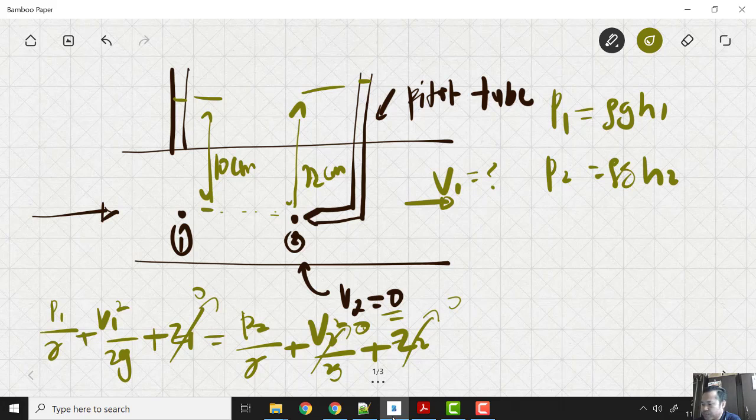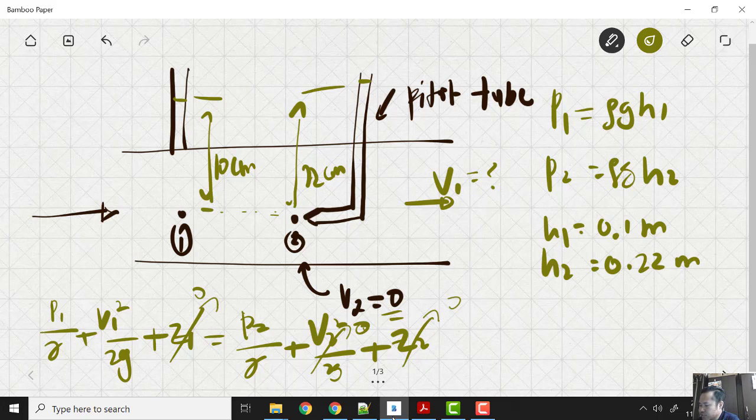We already have the H. H1 is equal to 0.1 meter, while H2 is equal to 0.22 meter. Using these numbers, just substitute the values into the equations for P1 and P2, and then we can find the value of P1 and the value of P2.